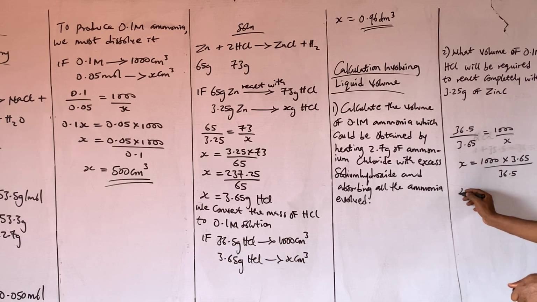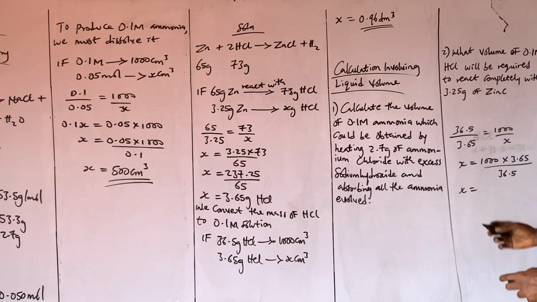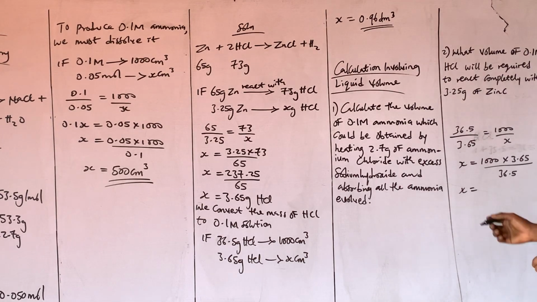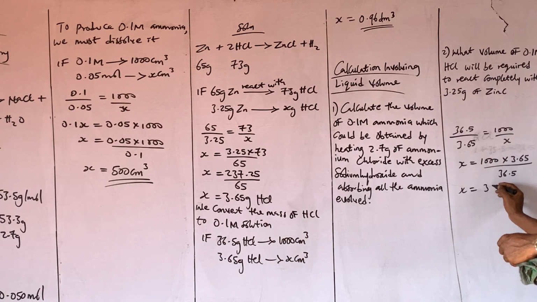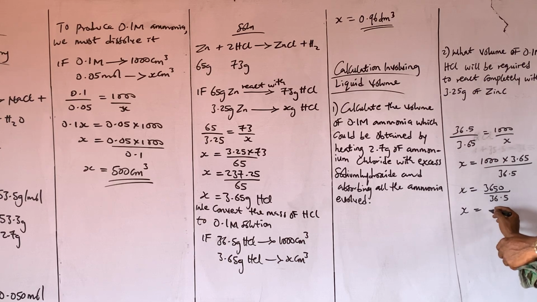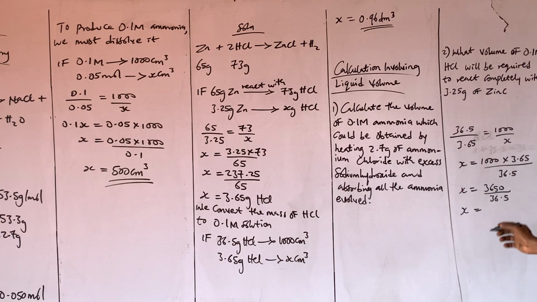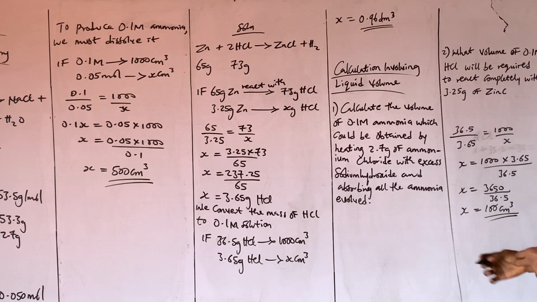Is that correct? Now 1000 times 3.65 will give us 3,650. 3650 over 36.5, what do you have? 100 cm cube is the answer.